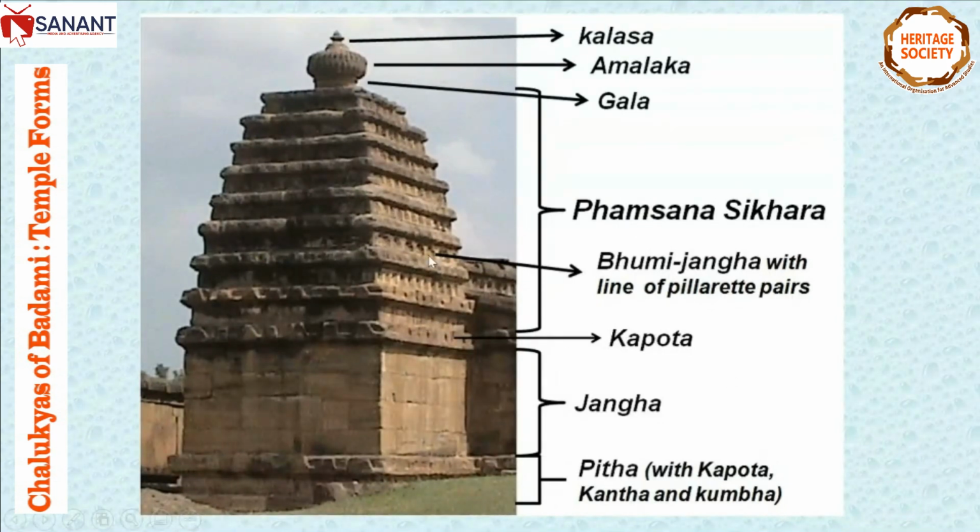And these are bhumis actually, and they are represented by pillarets, small pillars forming shrines. And each is succeeded by a kapota. So this makes a series of kapota and jangha until it is reached here. You have the skanda part here, gala, amalaka, and kalasha.